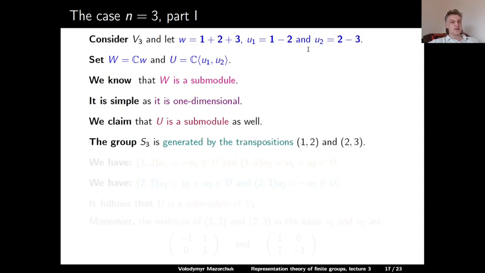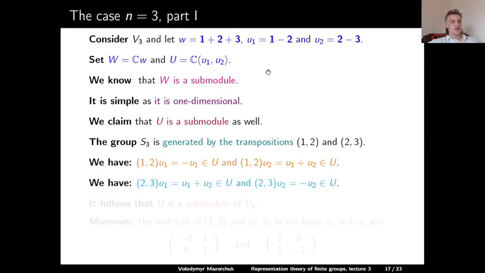So the symmetric group S3 is generated by the transpositions (1 2) and (2 3). Let's compute how they act on the elements U1 and U2. So (1 2) swaps 1 and 2, so it sends U1 to minus U1. And it sends U2 to 1 minus 3, which is U1 plus U2.